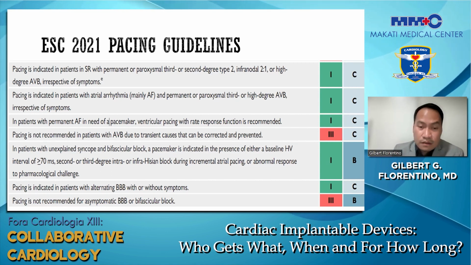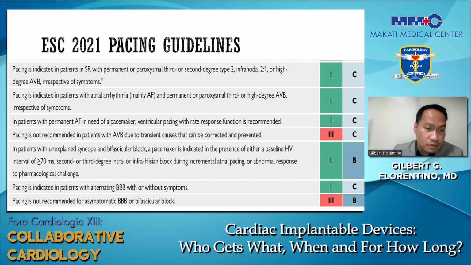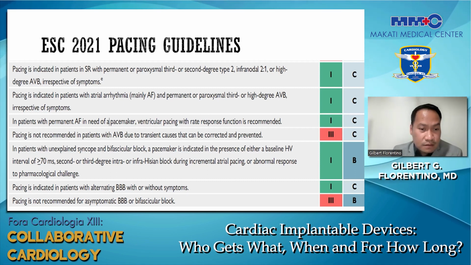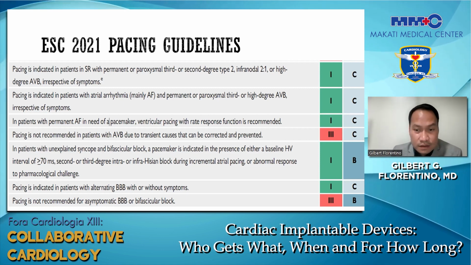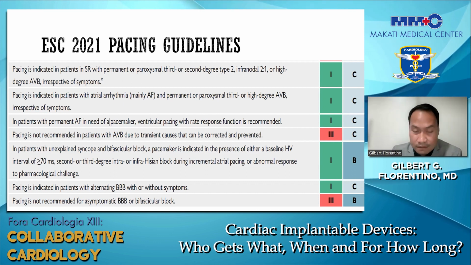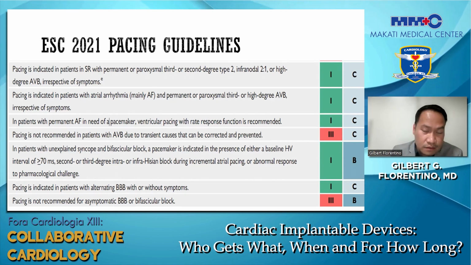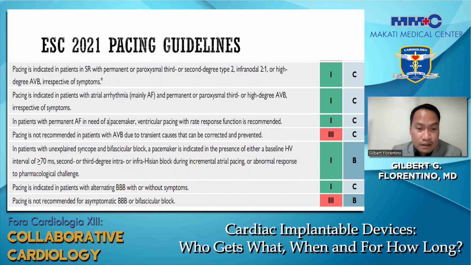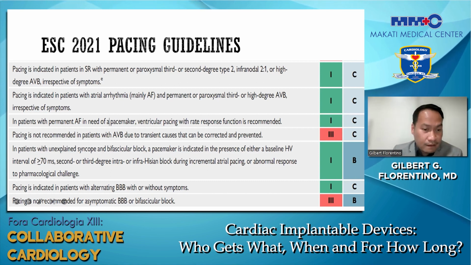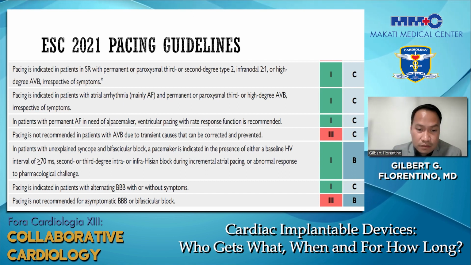Or even if you are undergoing an electrophysiology study with evidence of prolonged HV interval more than 70, or during incremental atrial pacing with documented AV block, or abnormal response to pharmacological challenge, then it will require a pacemaker. A patient with alternating bundle branch block, with or without symptoms, of course, will require a pacemaker. And of course, we don't put a pacemaker in asymptomatic bifascicular block.